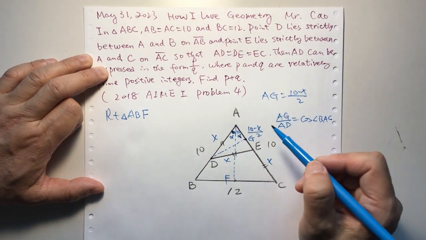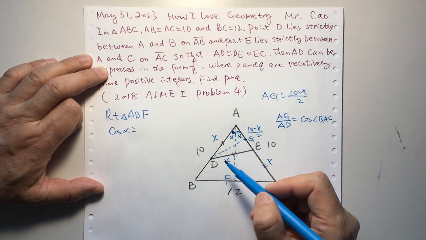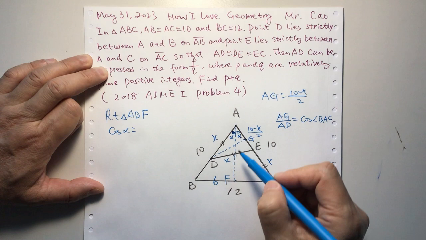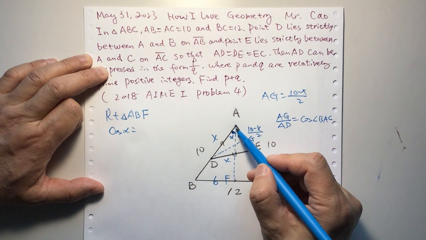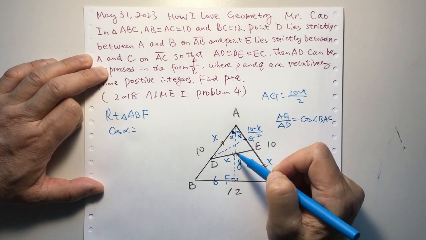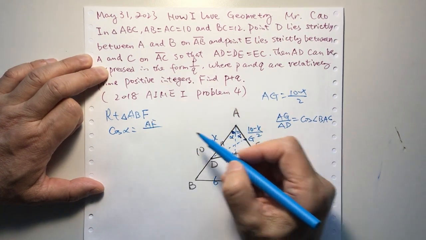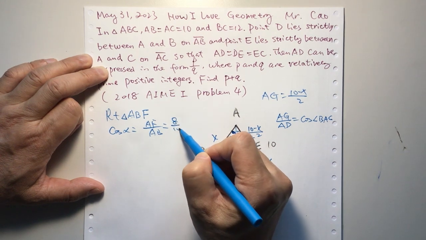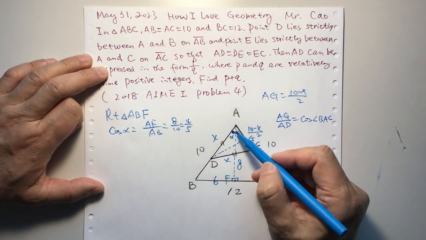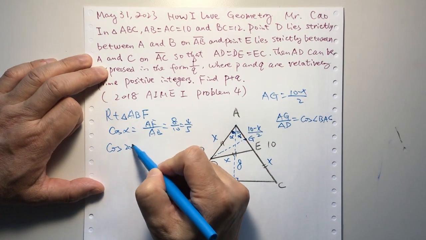In this right triangle ABF, we know AB is 10 and BC is 12, so BF is 6, and we know 6, 8, 10 is a right triangle. So AF is 8. Cosine alpha equals AF over AB, 8 over 10, so that's 4/5.